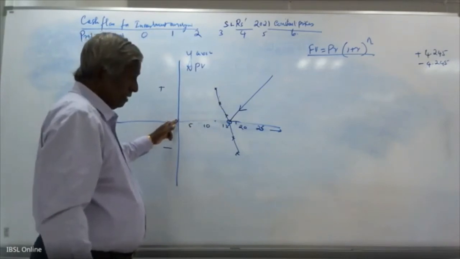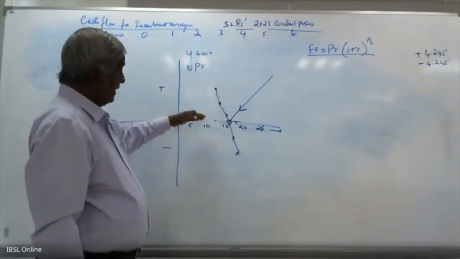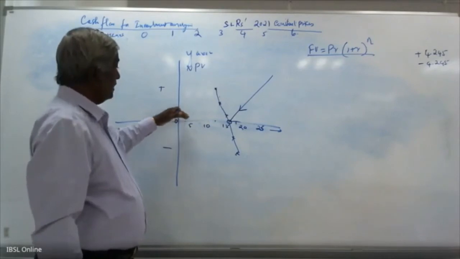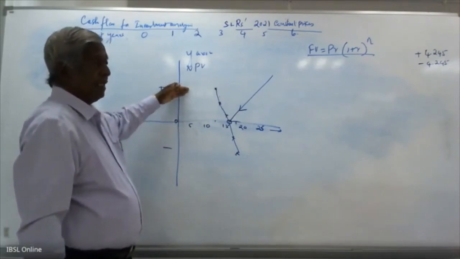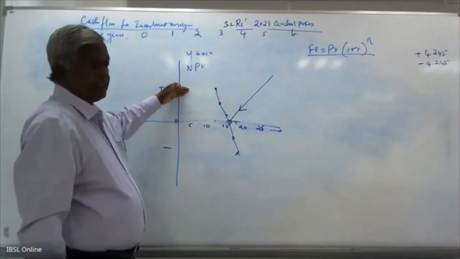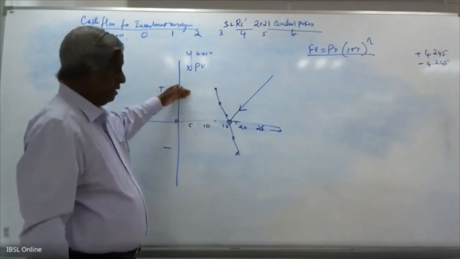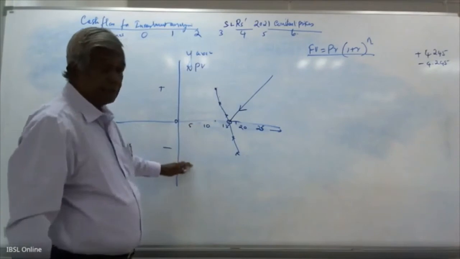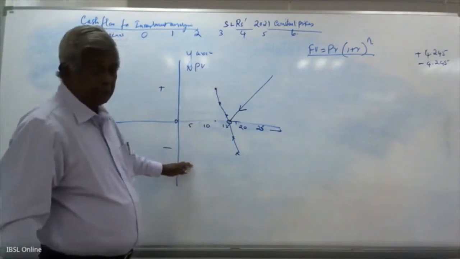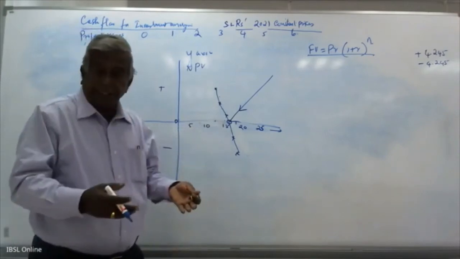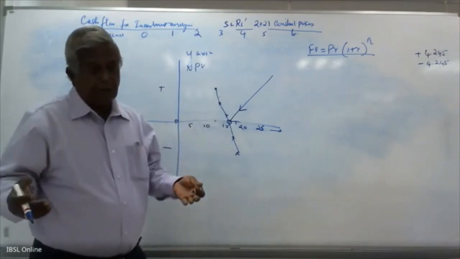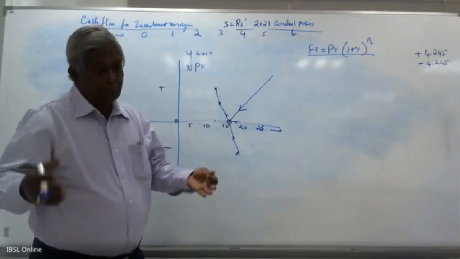That is, if the NPV is positive, the investment is beneficial. If the NPV is negative, the investment is not beneficial. When it is 0, it is neither beneficial nor not beneficial.